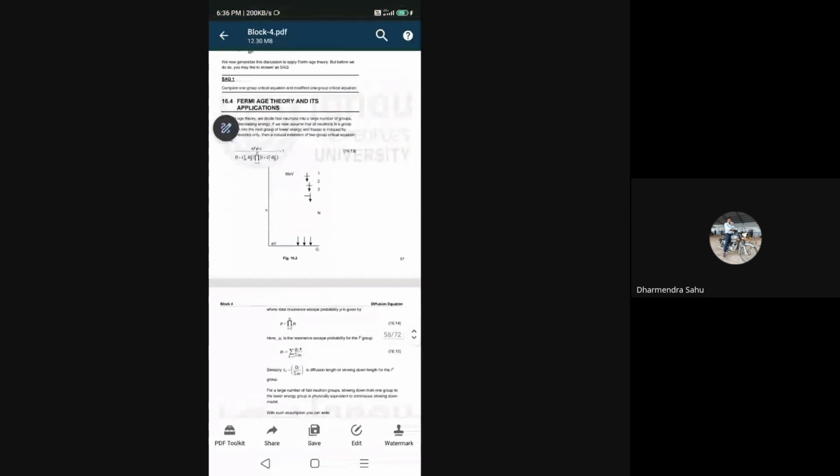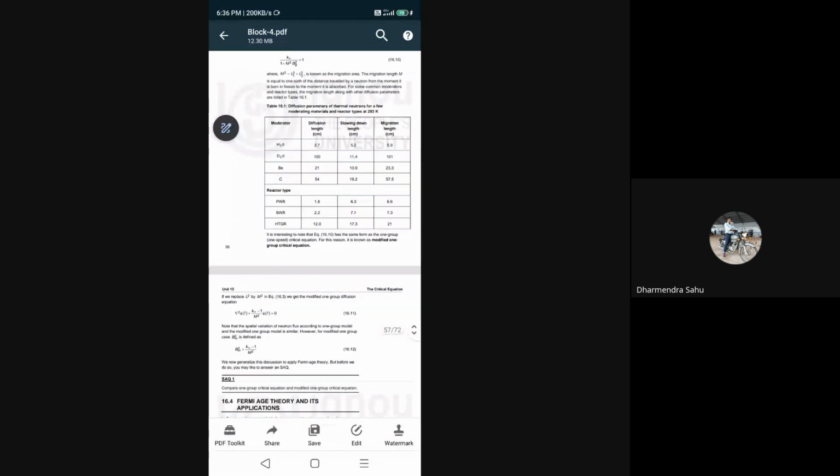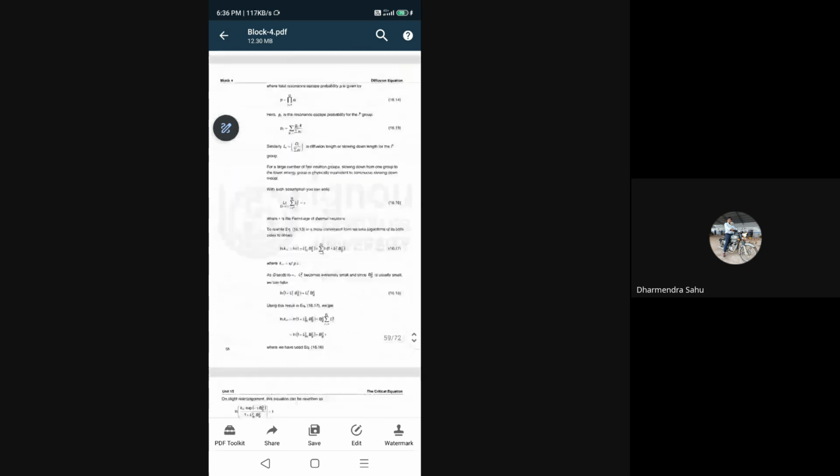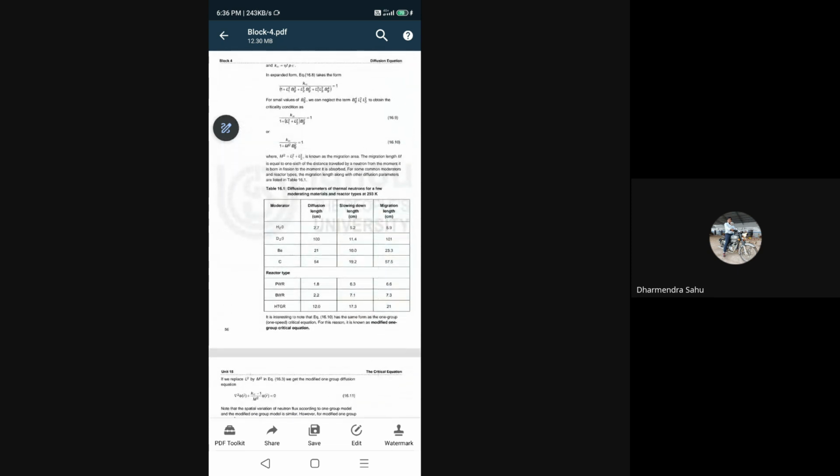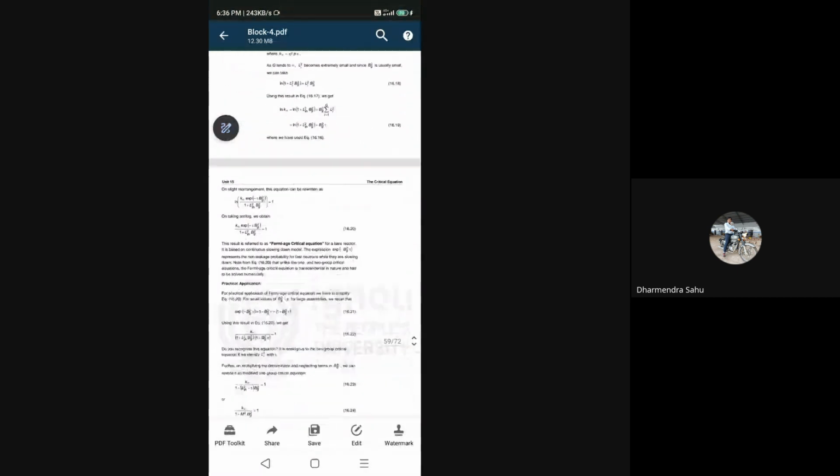Look, the formula for M: M for PWR is equal to 6.6, BWR is equal to 7.3, and HTGR is equal to 21. Here this is a BWR type. So your M square is equal to 7.3 square, which is equal to 53.29 centimeter square.